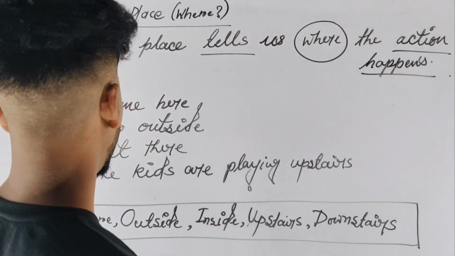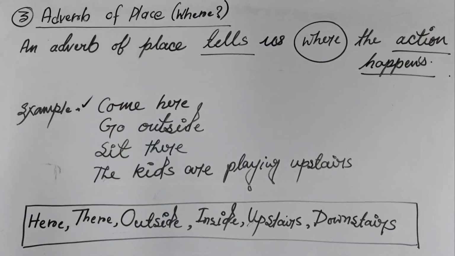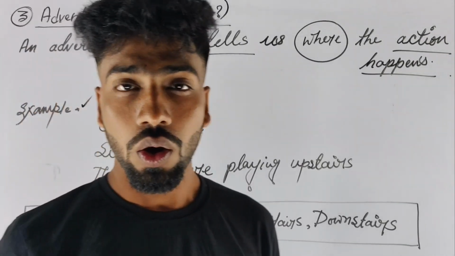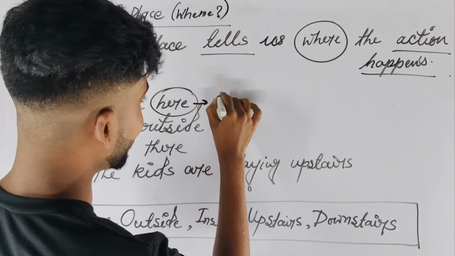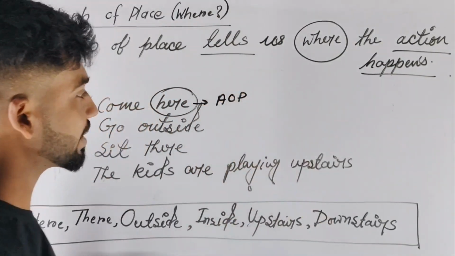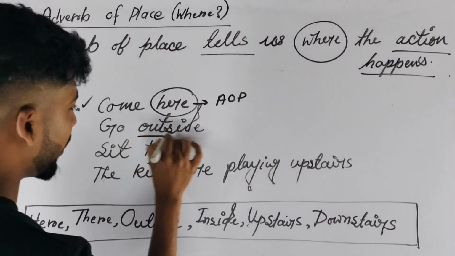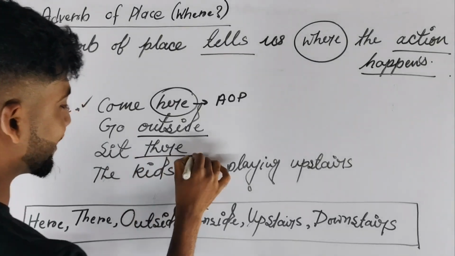For example, look at this sentence. Come here. Here the word tells us where to come. So here is an adverb of place. Next, go outside. Here, outside. Next, sit there. Here, there.